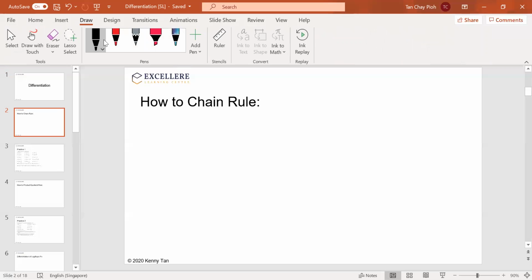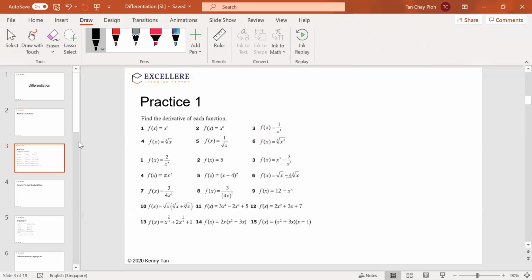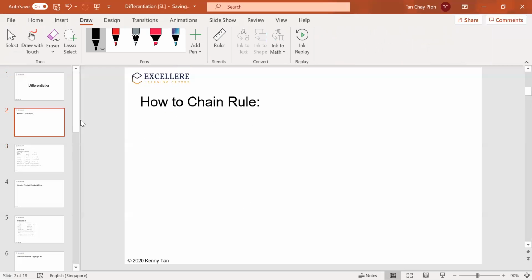Let's say for instance we use this, okay? The first one, x to the power of 5. So now let's say y equals x to the power of 5. Then if you want dy/dx, 5x to the power of 4. Very good.